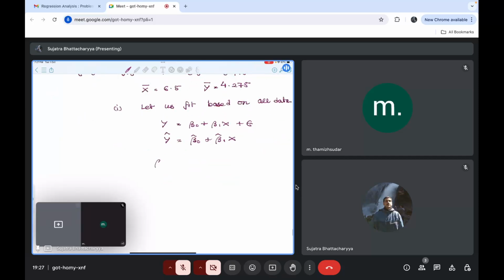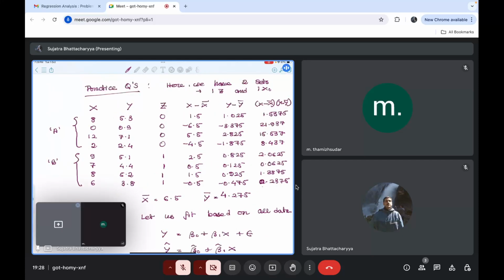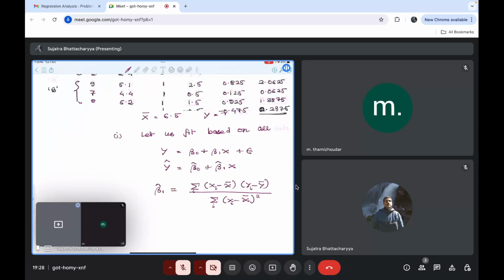You know from the simple linear regression model, beta 1 hat is the summation of x minus x bar into y minus y bar, divided by the summation of x minus x bar whole square. So you have to sum all this and sum the square of this.